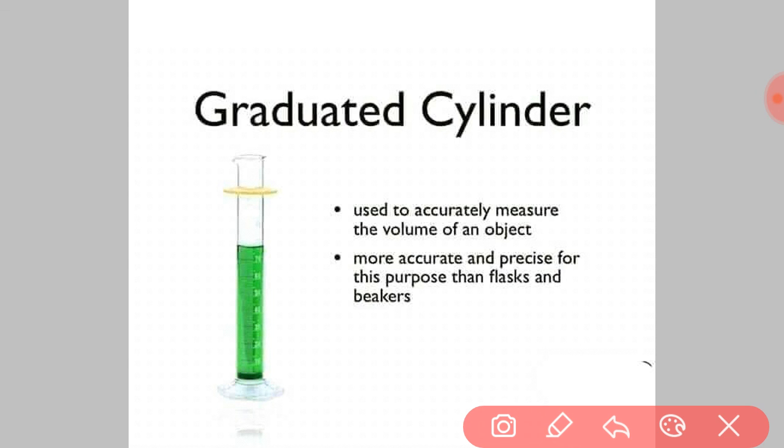It is used to accurately measure the volume of liquids, more accurate and precise for this purpose than a flask or beaker. So the graduated cylinder helps to measure a more accurate volume of chemicals. It is one type of lab apparatus.